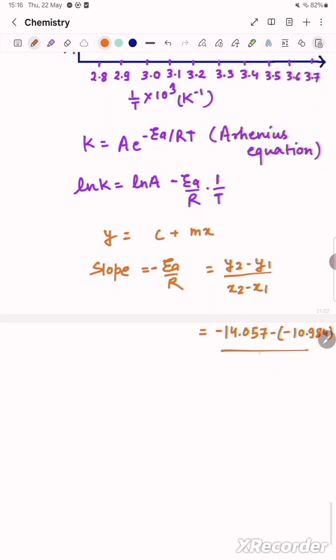Again here x2 we take 3.66 minus 3.41. So from this we calculate the slope.